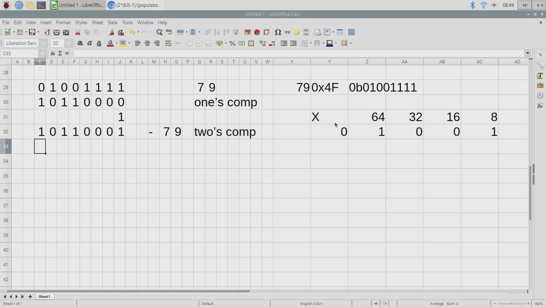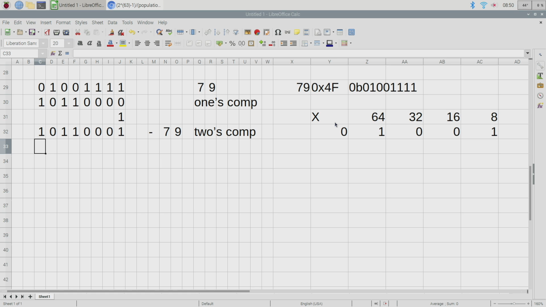So if I have this number, can we tell just by looking at it that it must represent a negative number? How can I know instantly, looking at this, that it must represent a negative if I'm using the signed system? Yeah, the first bit is a 1.